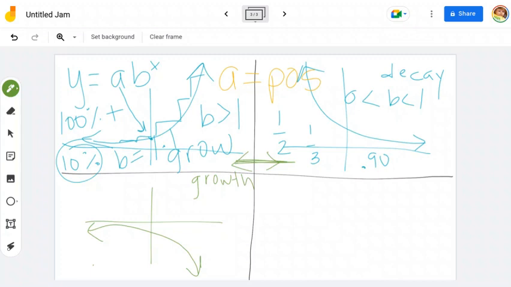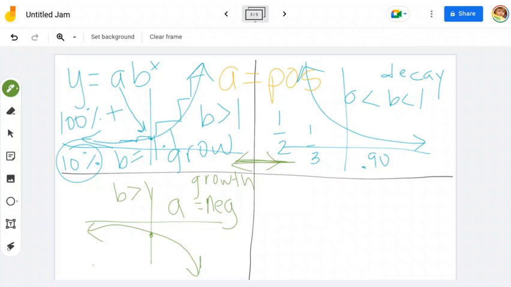It's still growth. So B will be bigger than 1. However, as you can see, here's A, and it's a negative number. It's the only difference between the one above it.